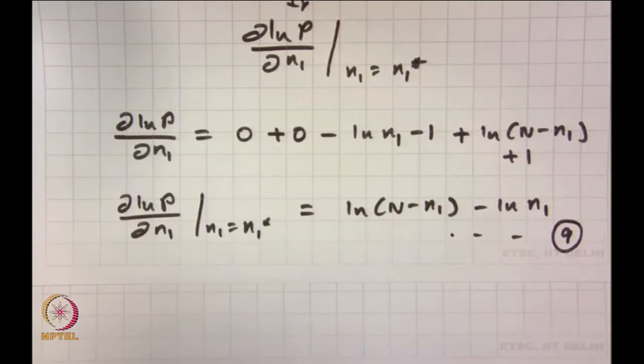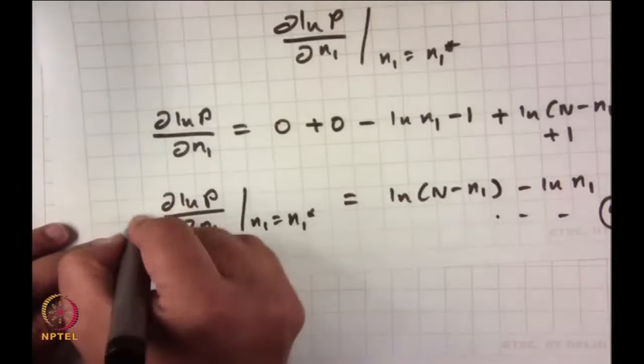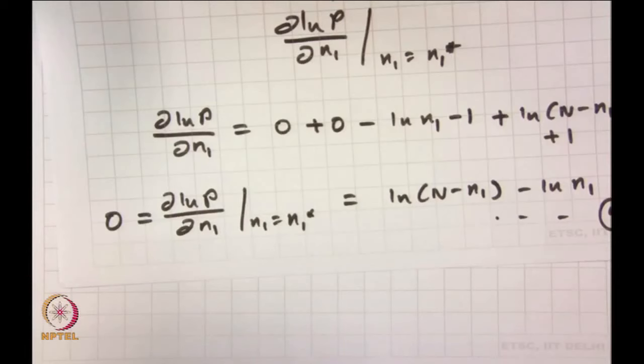See, I am telling you it is n1 equal to n1 star, I have not yet put in n1 star, but you can realize that finally that is what we will put in. Okay. Now, if you are going for the maximum, what will happen to this? This would be equal to 0.